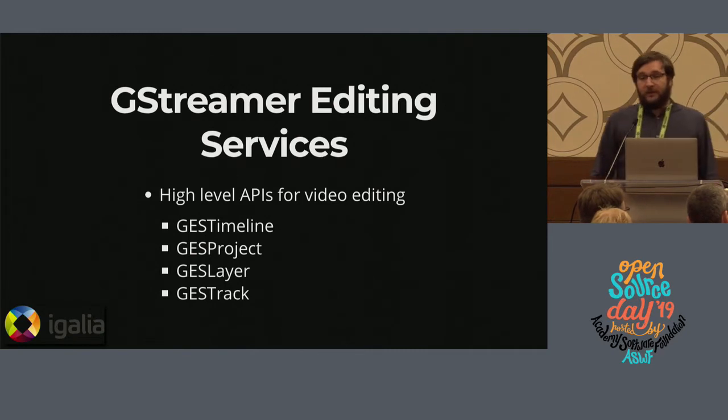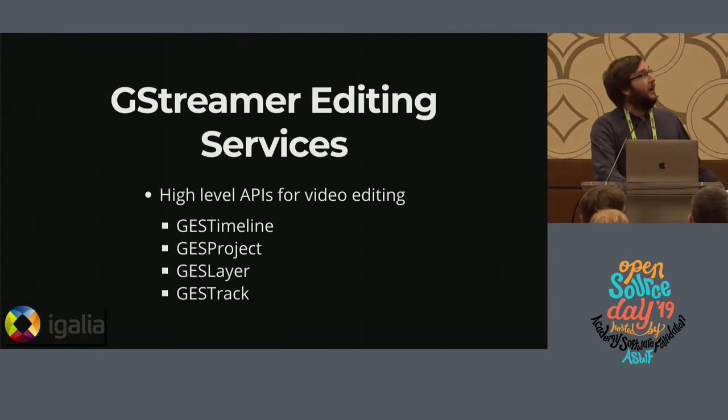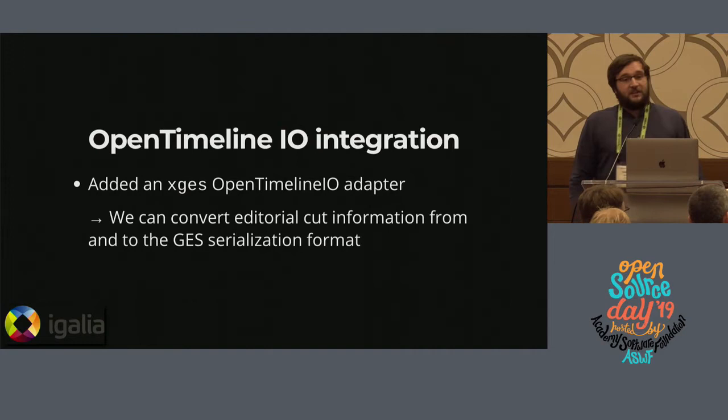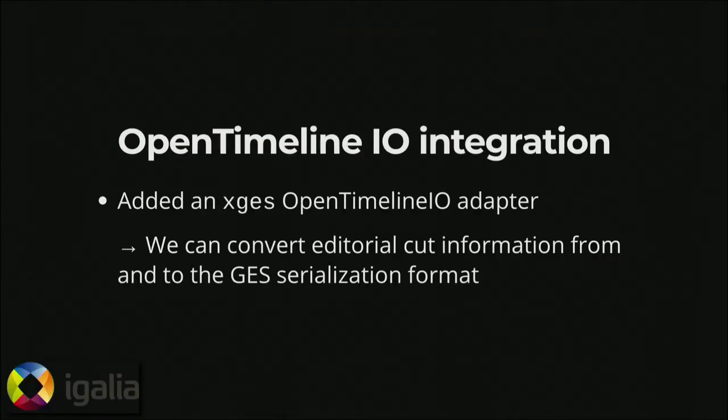So what we thought would be very interesting for us is to integrate GStreamer and OpenTimelineIO. So what we started doing is implementing a XGS adapter inside OpenTimelineIO so that we could convert editorial cuts from any software, any supported format to the GStreamer internal format, XGS, and the other way also, so that we are compatible with all formats supported by OpenTimelineIO.